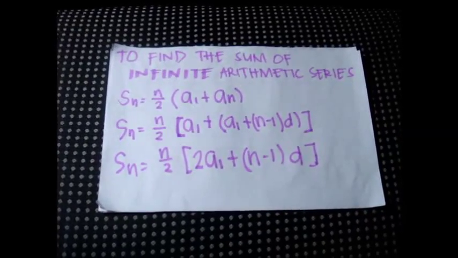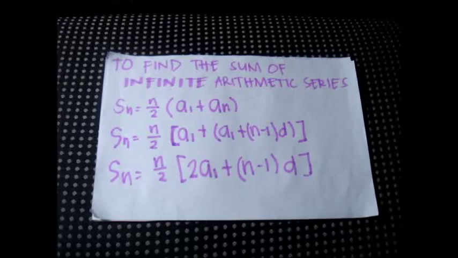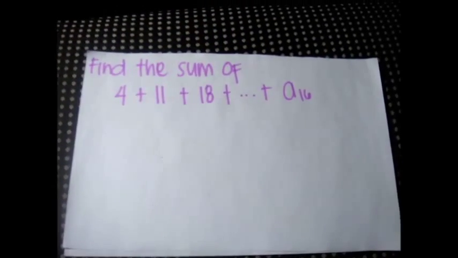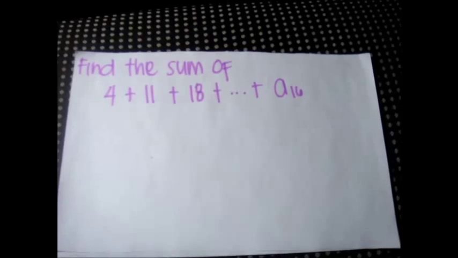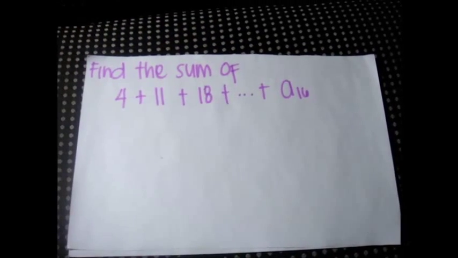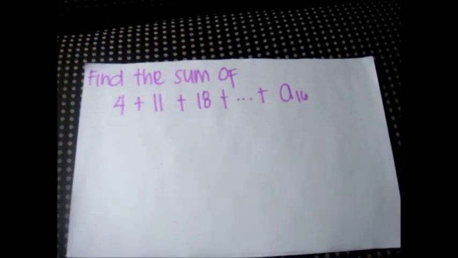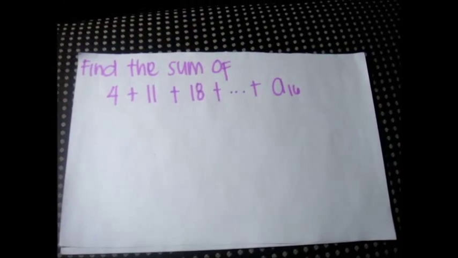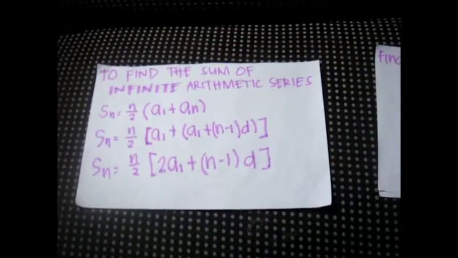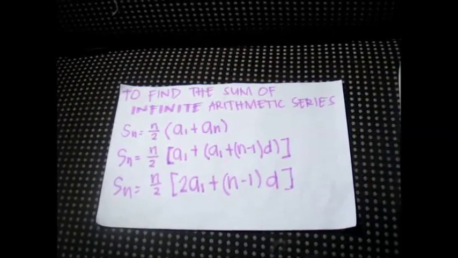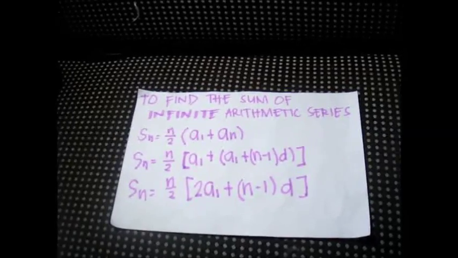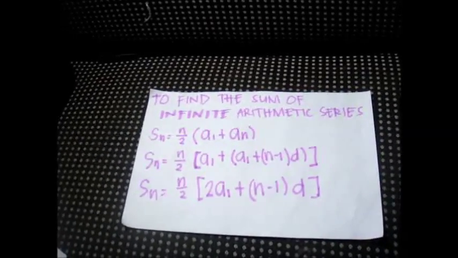Now, let us try to use this equation. Let us solve this problem. Find the sum of 4 plus 11 plus 18 up to a sub 16. Since this is an infinite arithmetic series, we will use the equation S sub n is equal to n over 2 multiplied to 2a sub 1 plus n minus 1 multiplied to d.